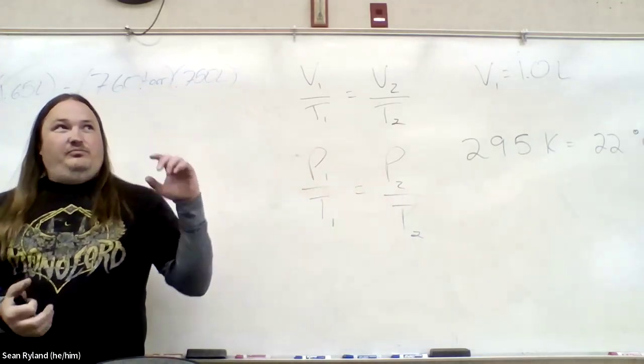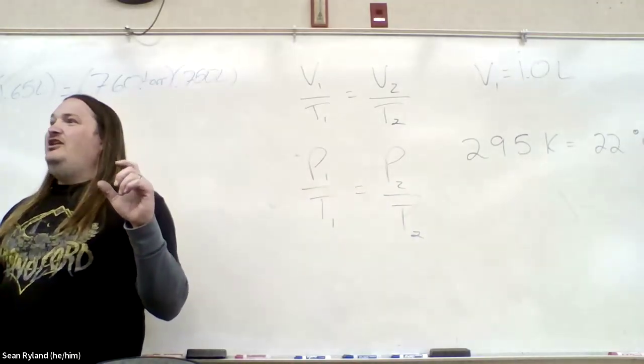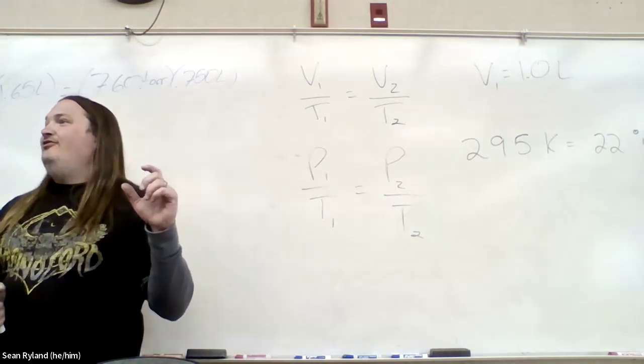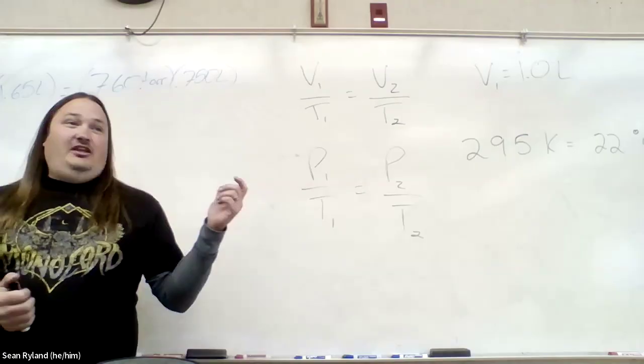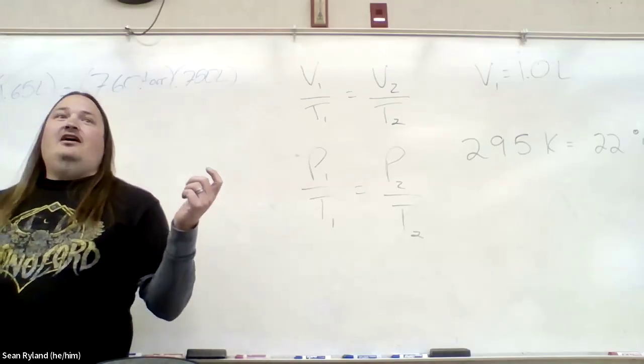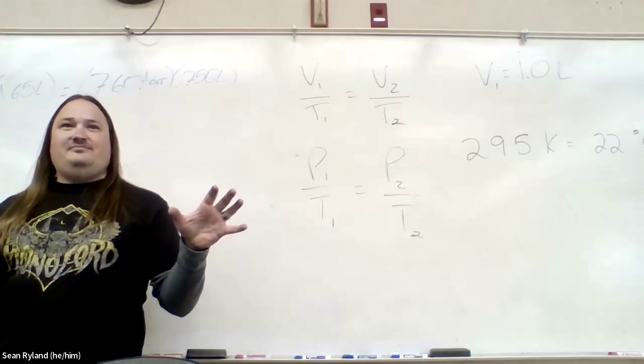Turns out that soda bottles are rated for about 4 atmospheres of pressure. Once you get past that, they pop. But 4 atmospheres of pressure is kind of a lot. So the technical term for that is a bomb.